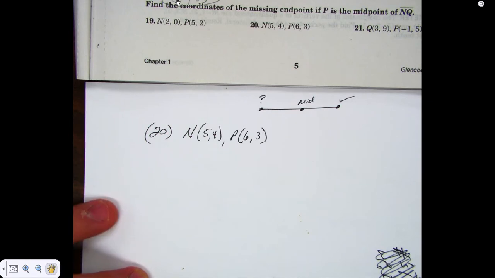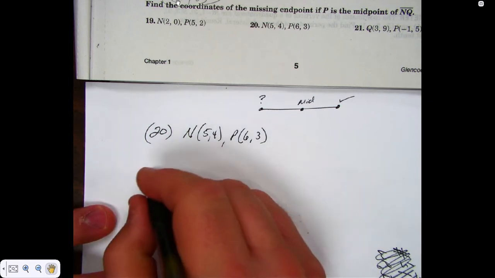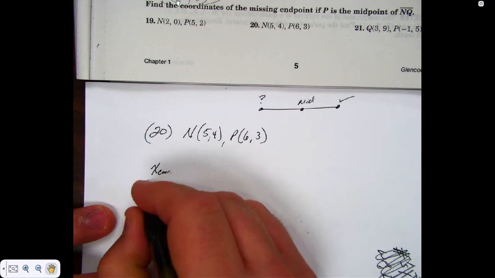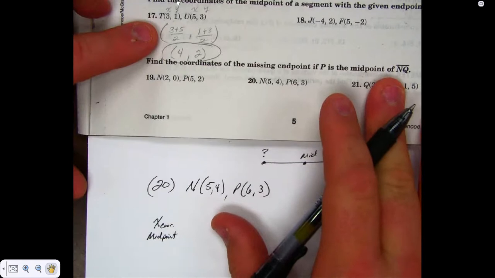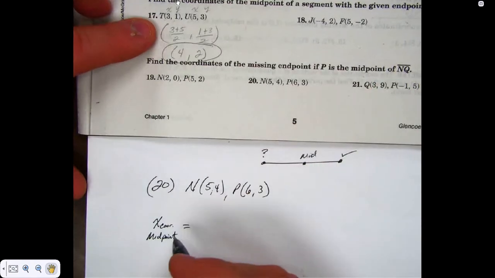Well, how do you find the x-coordinate of the midpoint? How do we do it up above here? What did I do? I added my x's and divided by what?